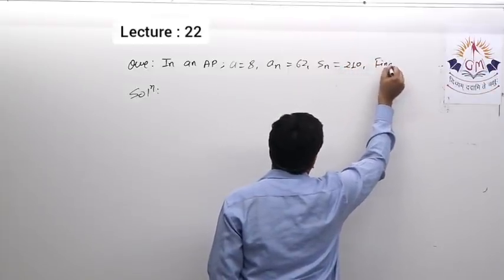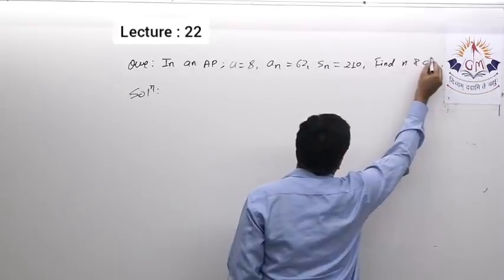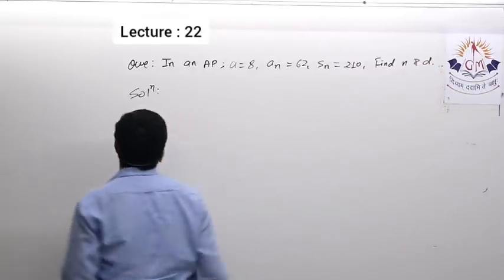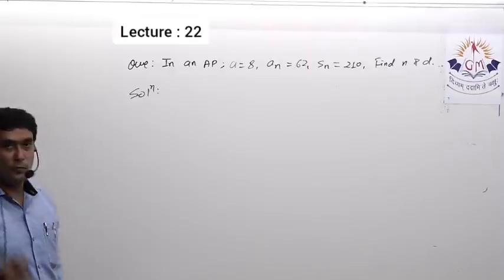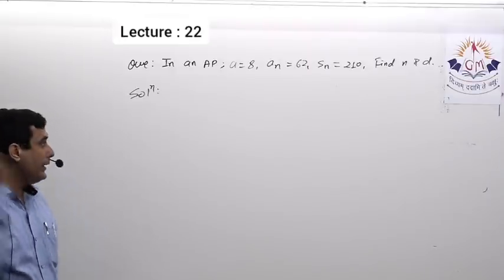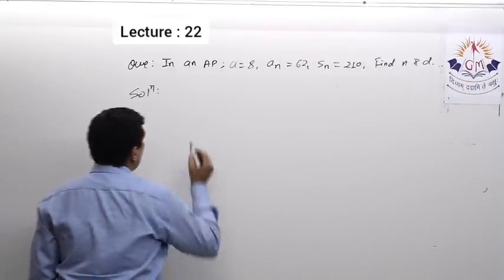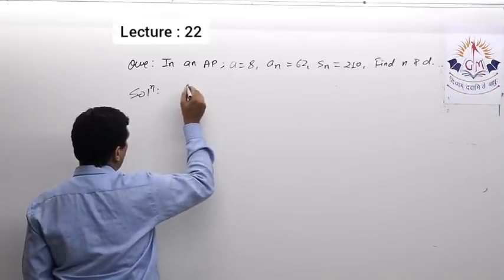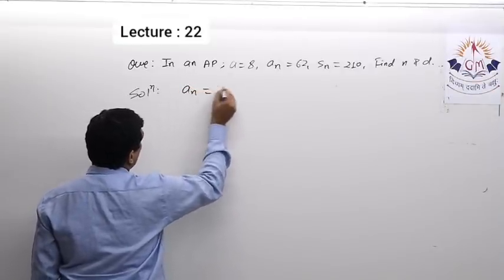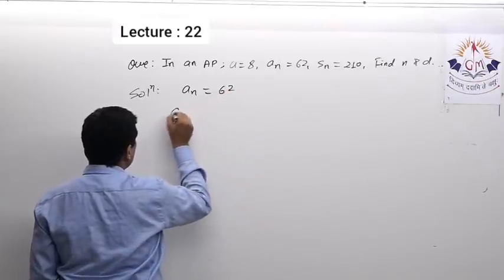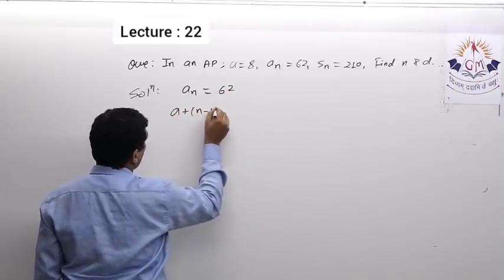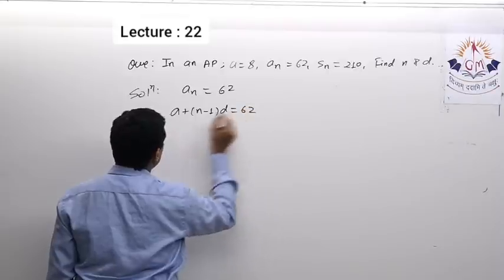Find n and d. So we have to find how many terms are there in the AP and what is the common difference. So let us start with Sn or an. an is equal to 62, that is a plus n minus 1 into d is equal to 62.